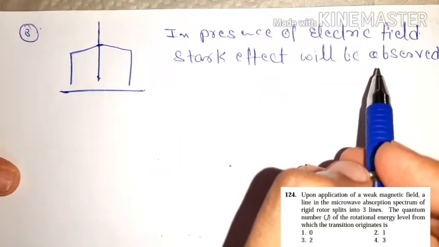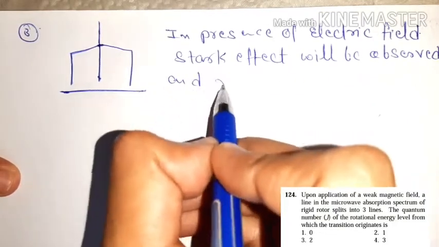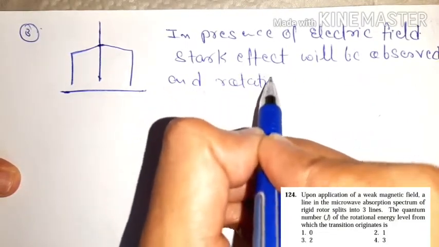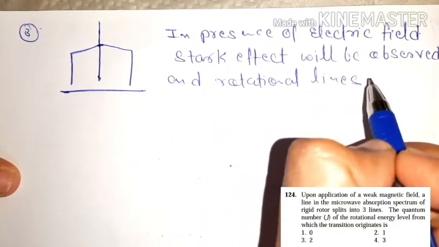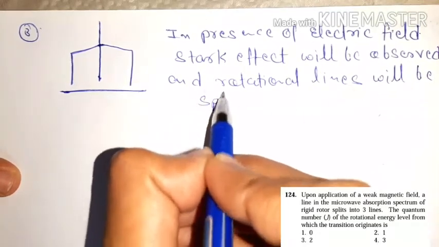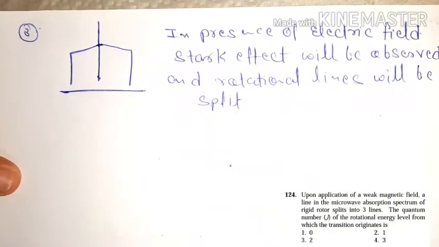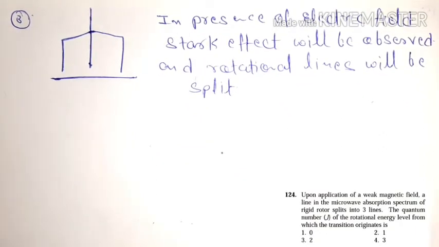Stark effect will be observed, and rotational lines will be split. So this is known as, in the presence of an electric field, the single rotation line will be split into a multiplet, and this will be known as your Stark effect.